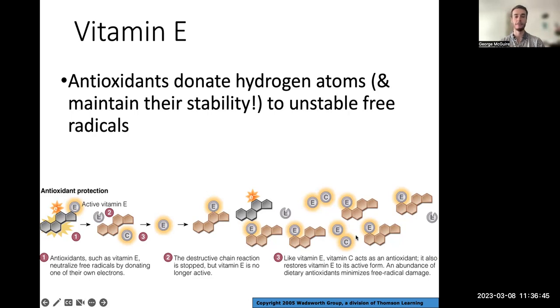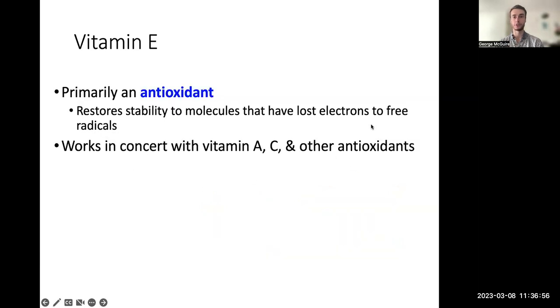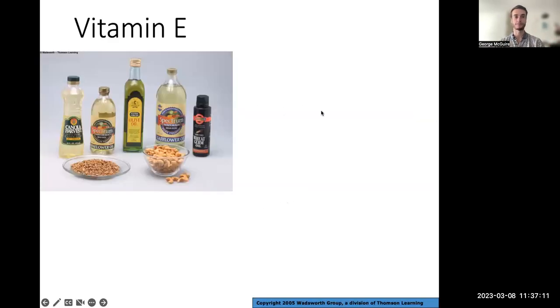And then vitamin C can reactivate vitamin E by donating an electron or donating a proton to it as well. We have them interacting with each other in all these pathways. So vitamin E is primarily acting as an antioxidant, restoring the stability to those free radical molecules. And it's going to work in concert with all the other antioxidants. They are all affecting each other.